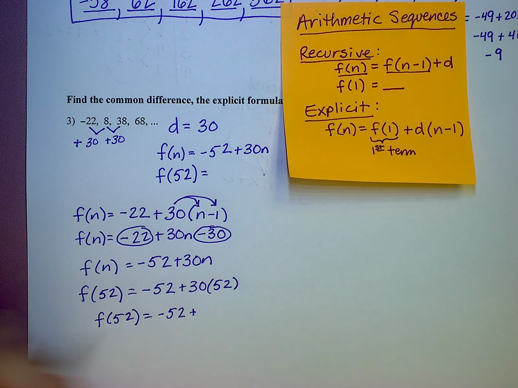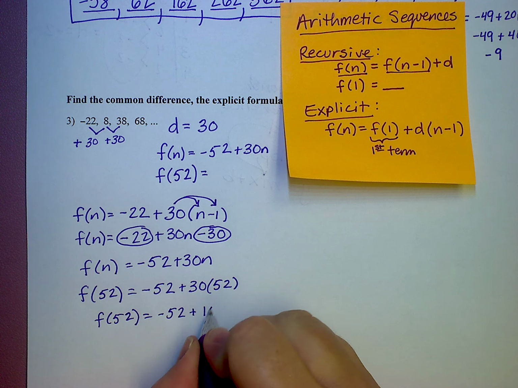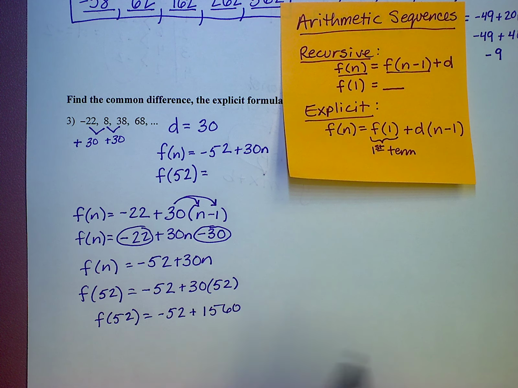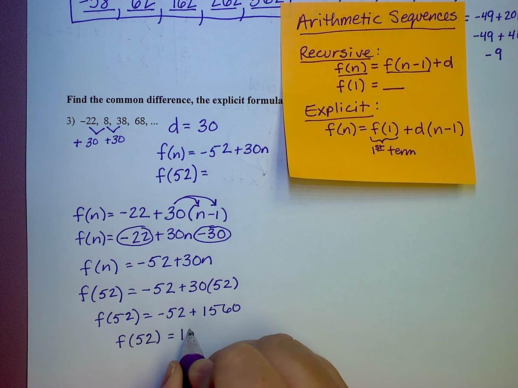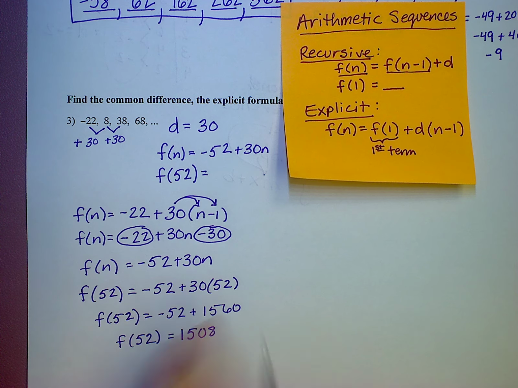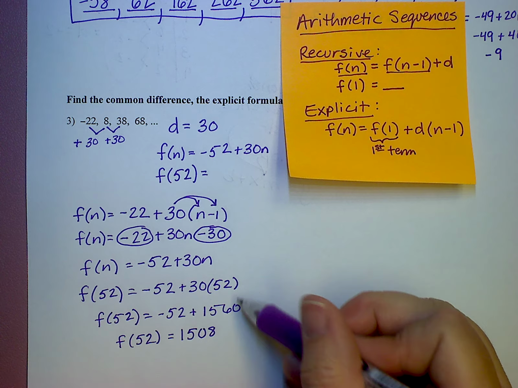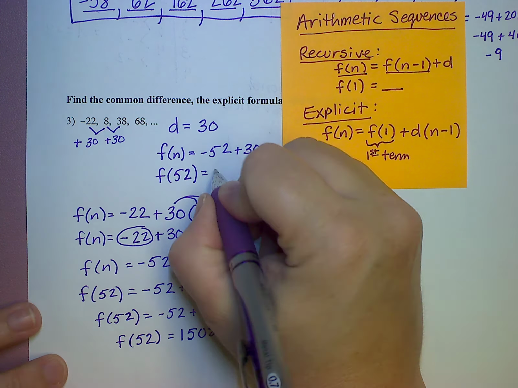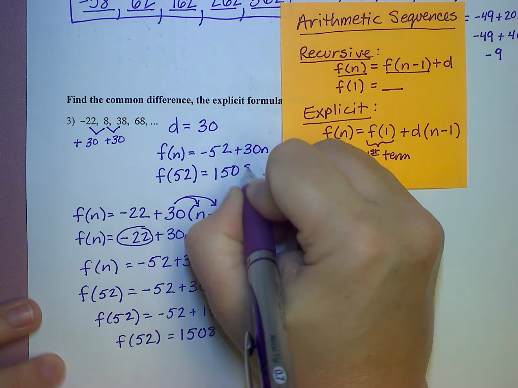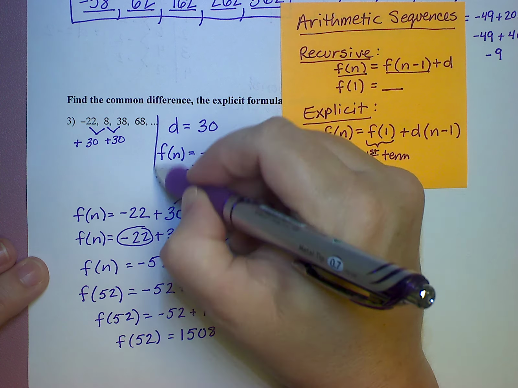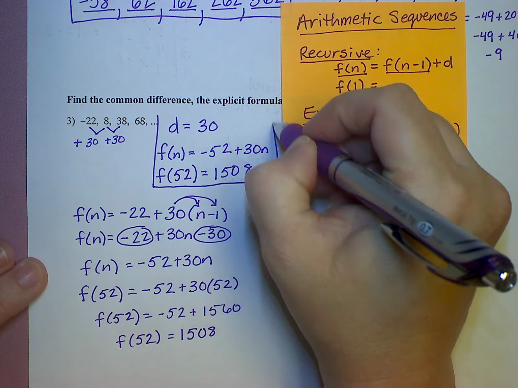Okay, hang on just a minute. 30 times 52, 1560. Yeah? And I think I heard you say 1,508. And you can just put it straight from here into your calculator. So 1,508. And those 3 pieces are what the instructions were asking for.